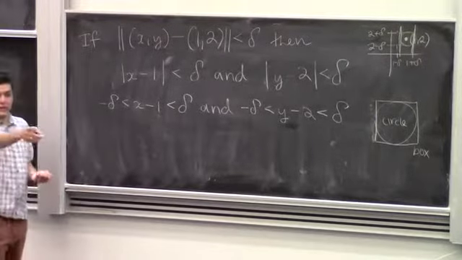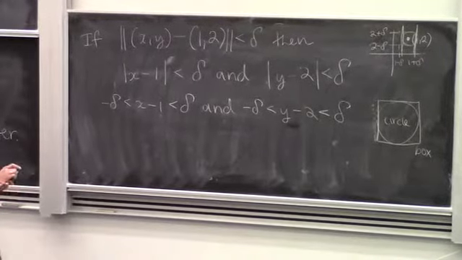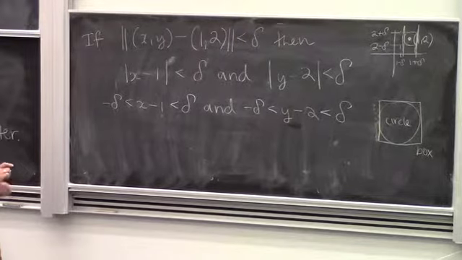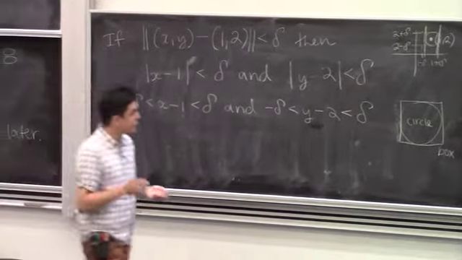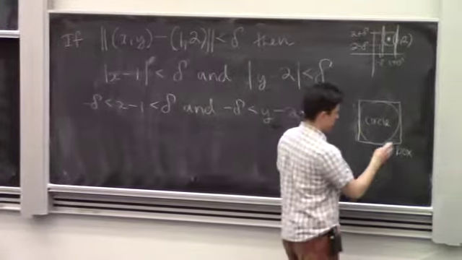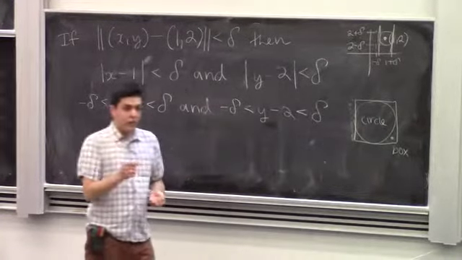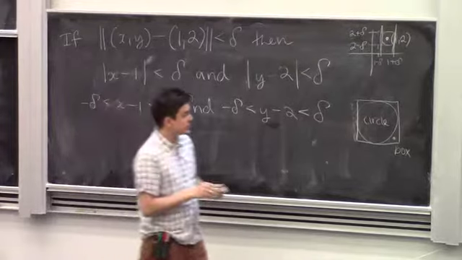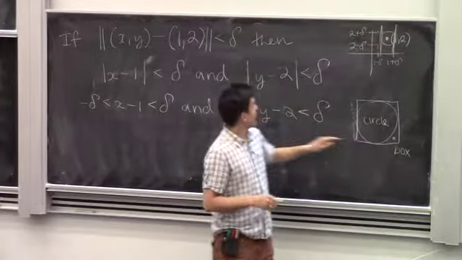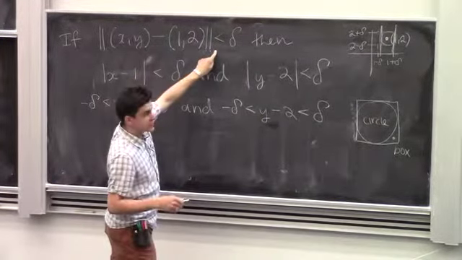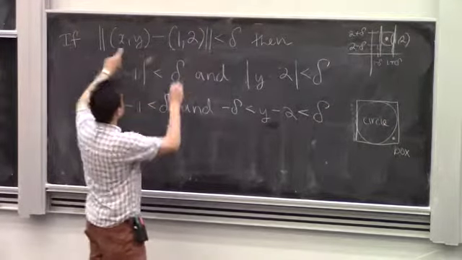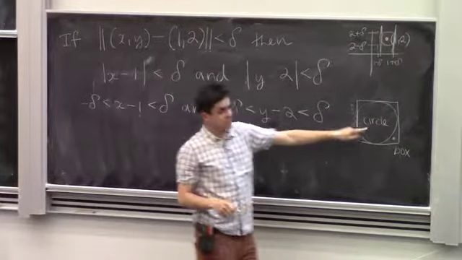Okay, yes, sure. What if you're in the box but not in the circle, like if you're in the corner? Right, yes, what if you're over here, right? Yeah, that's very key. The important implication is everything that satisfies this condition lives in the circle.